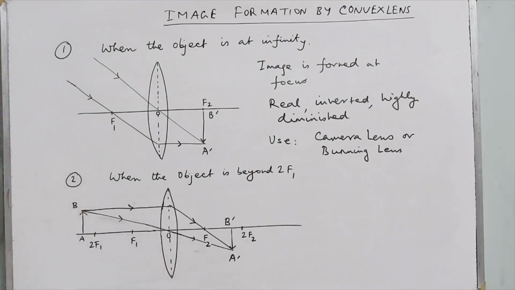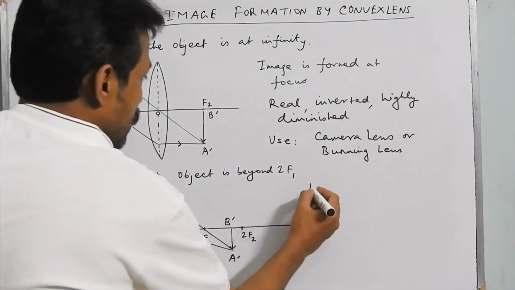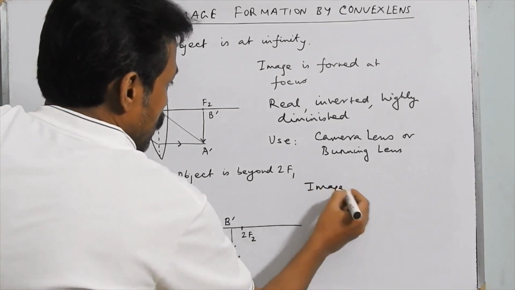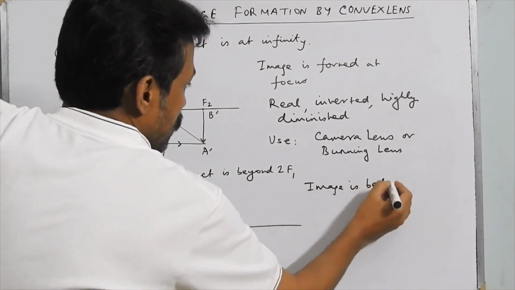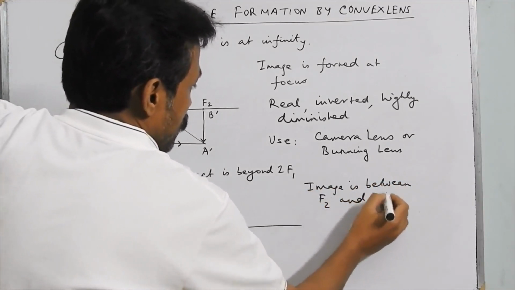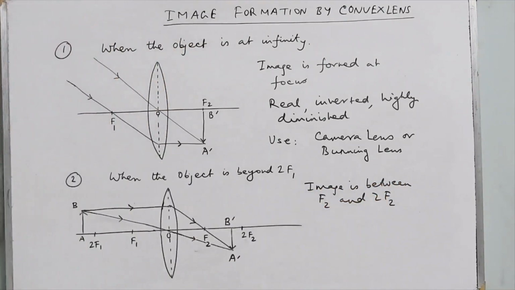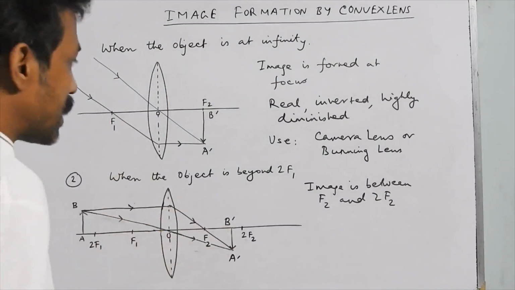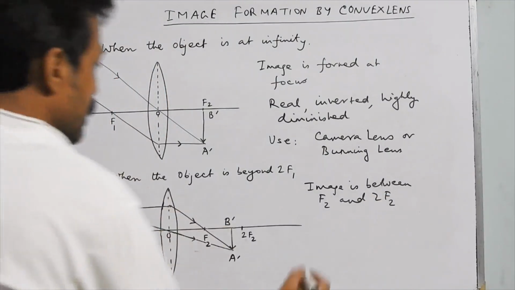These two rays meet at a position such that we obtain the image between f2 and 2f2, that is, between the second principal focus and the center of curvature on the other side of the lens.